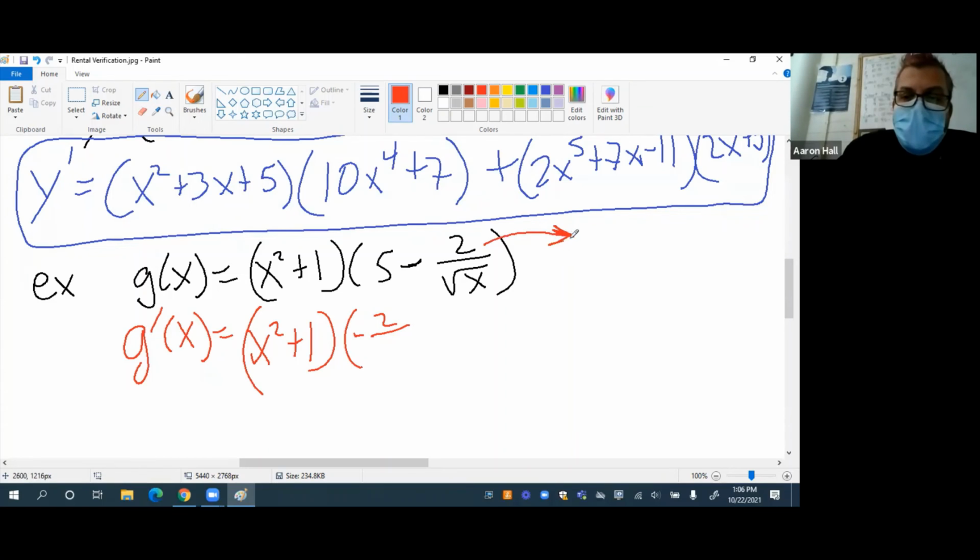I don't want to skip a step, so let's rewrite this using our laws of exponents. What do we get? 5 minus 2x to the negative 1/2.